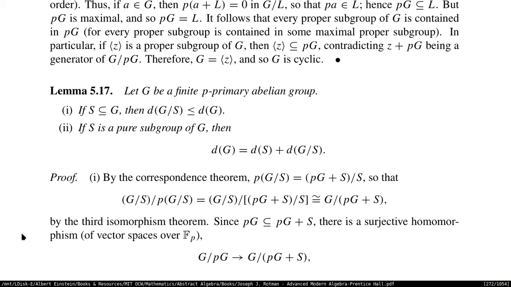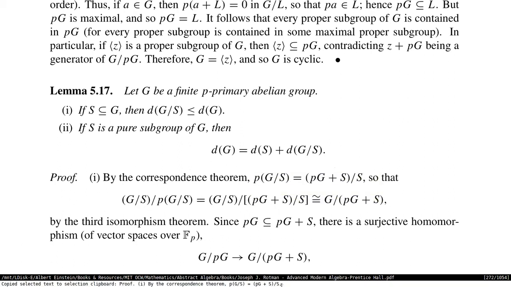Okay, because of this equality, you just substitute, that is isomorphic to G mod PG plus S, right? By the third isomorphism theorem, which Artin assured us is never necessary, but yeah. I found my notes.